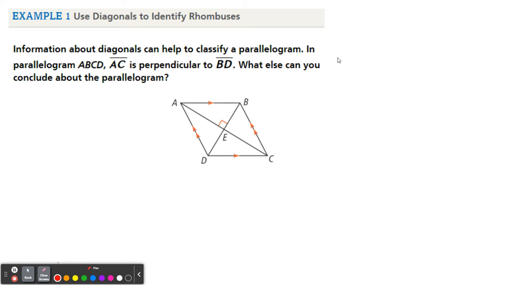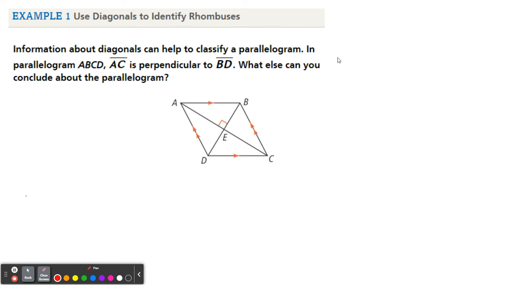Question 1 says information about diagonals can help you classify a parallelogram. In parallelogram ABCD, segment AC is perpendicular to segment BD. What else can you conclude about the parallelogram? All right, so we need to know what that means if they're perpendicular.